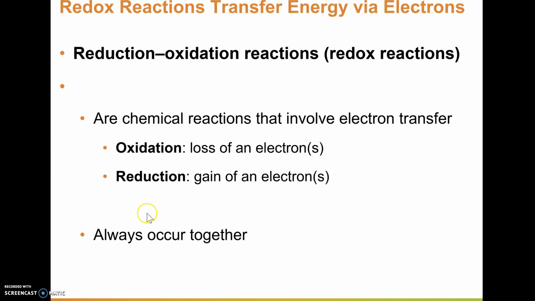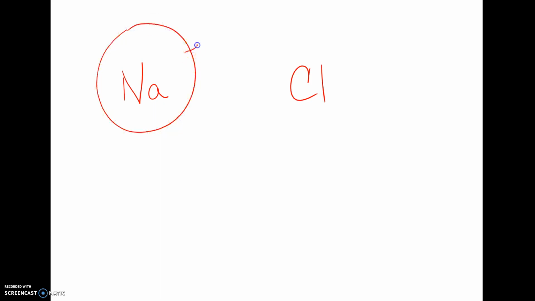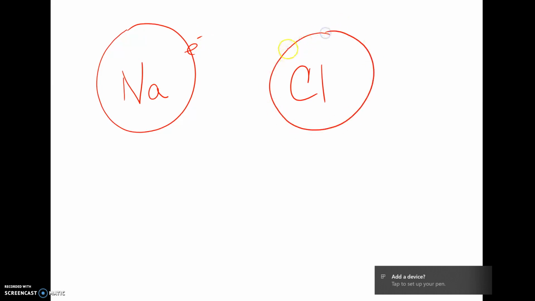As I said, these always happen together. If we want to recall ionic bonds, remember we talked about sodium and chlorine, and we said that in the outermost shell of sodium there was one electron, and in the outermost shell of chlorine, there were 7 electrons.